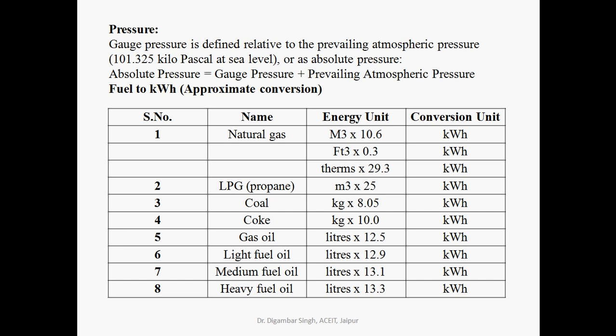So the units for fuels like natural gas, LPG, coal, coke, gas oil, and light oil, medium fuel, heavy oil in liters, and so the energy unit is feet cube into 0.3 kilowatt hour, coal kg into 8.05 kilowatt hour, and gas oil liter into 12.5 kilowatt hour.